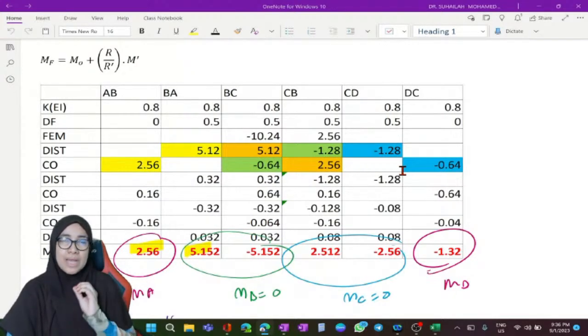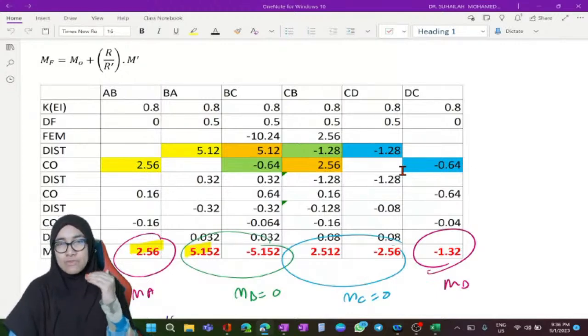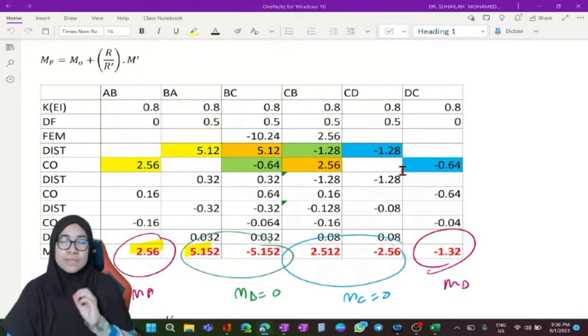Once we stop, we add all the moments in the table, starting from the first moment value, which is the fixed end moment, until the last distribution. So we get the member end moment for table number 1.